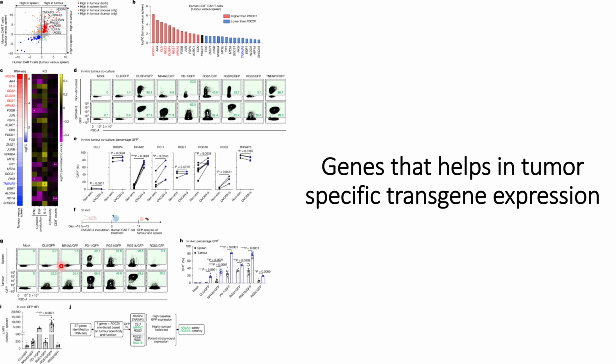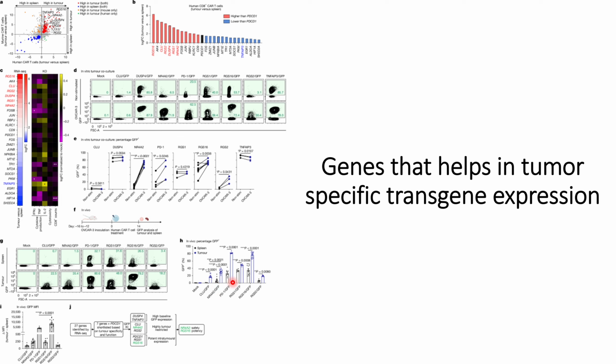This difference can be seen more in NR4A2 and also in RGS16. When they quantified the percentage of GFP signals in the in vivo studies, they saw a significant difference in NR4A2 between the spleen and the tumors.